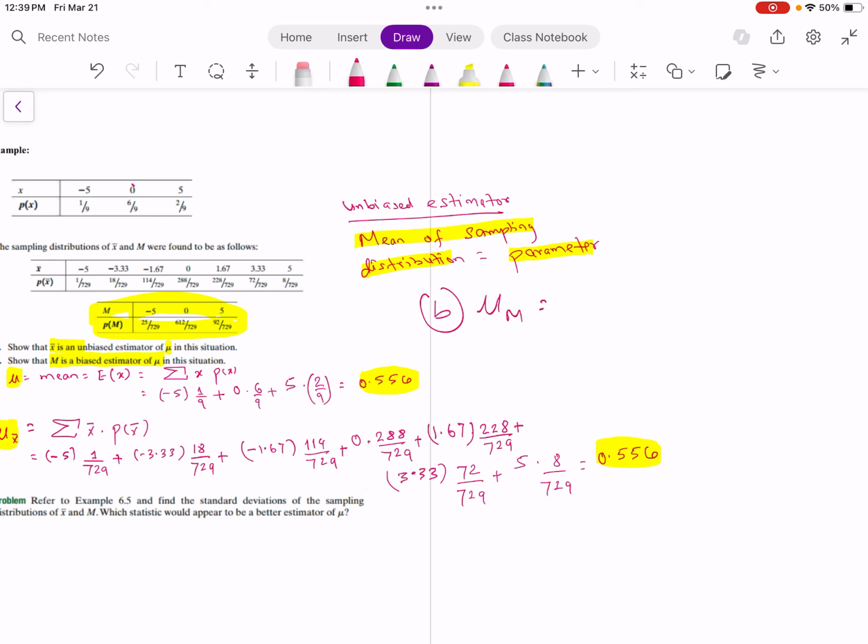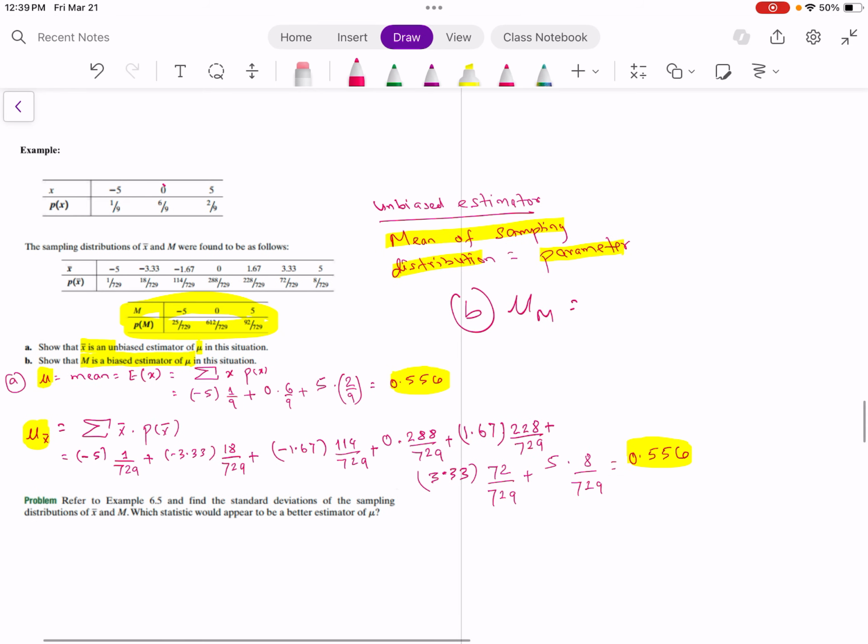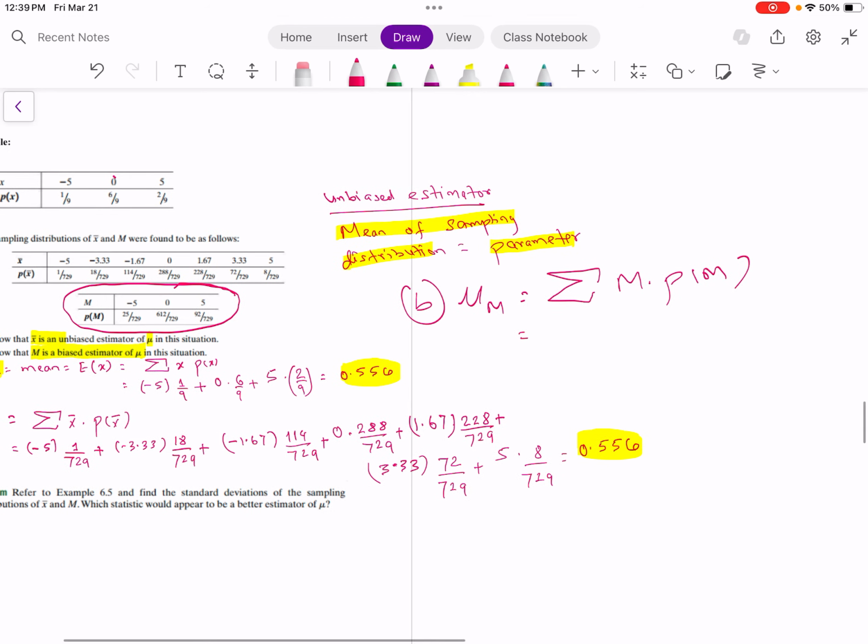This is the mean for the sampling distribution of the median, so we are finding the mean of this table. Finding the mean is very easy. The formula is the summation of m times p of m. So let's take each value of m.